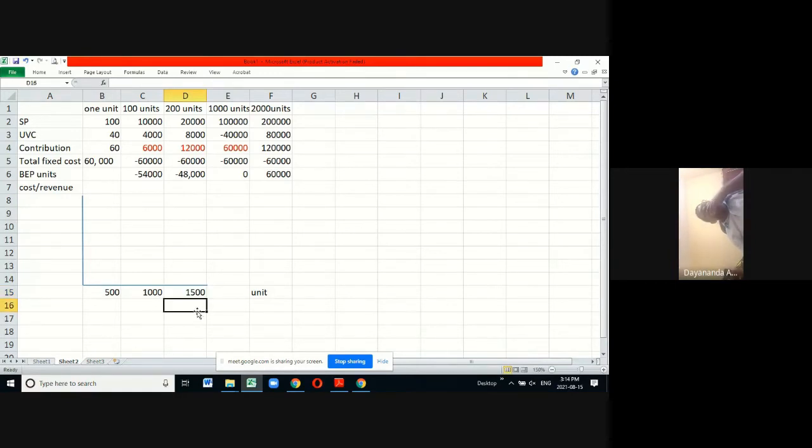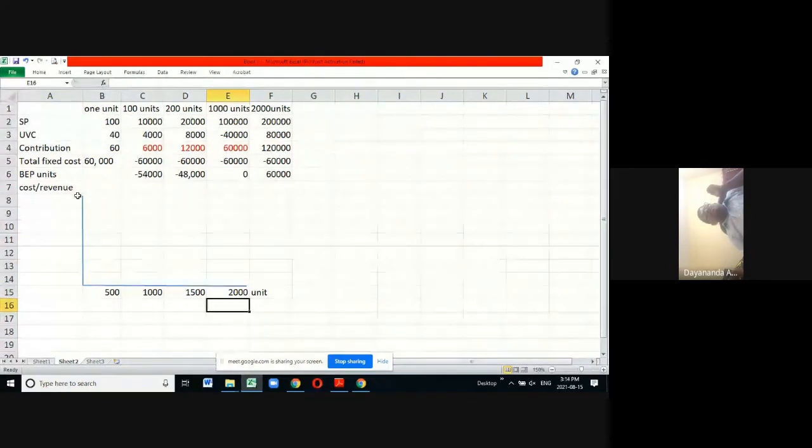Okay, and the maximum income, you can draw this a little bit more if you want. You can put 2000 even, no problem. For 2000, of course, you see the maximum sale is 200. The maximum here is 200.